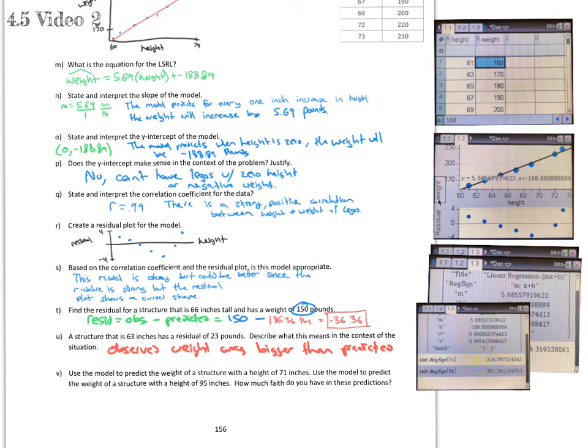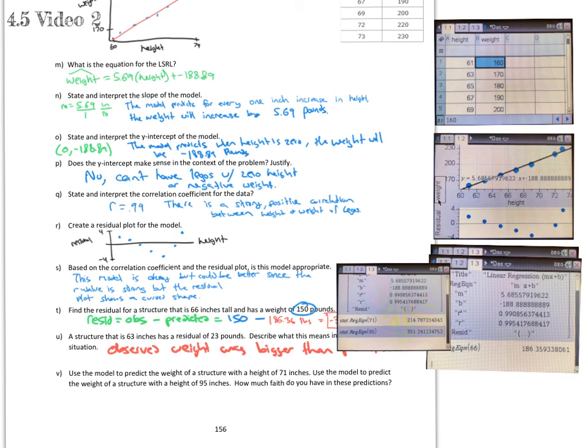And we'll copy those down so that I get 71 leads to a weight of 214.79. And 95 leads to a weight of 351.24.